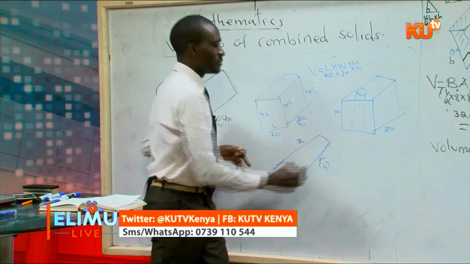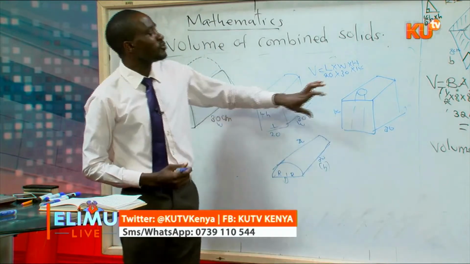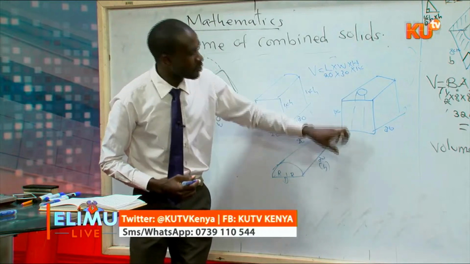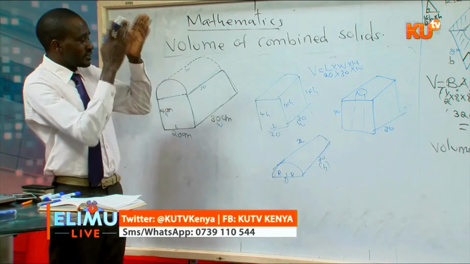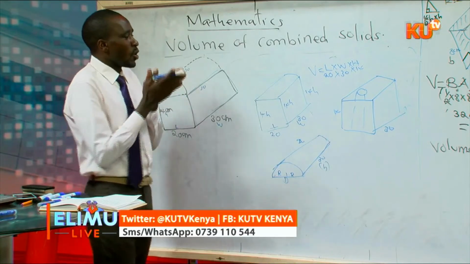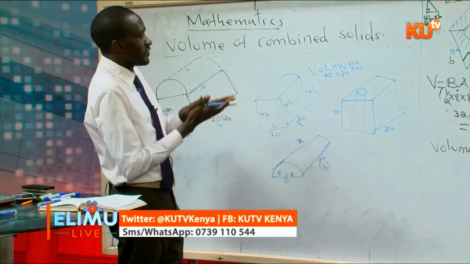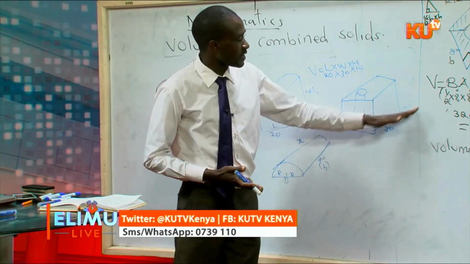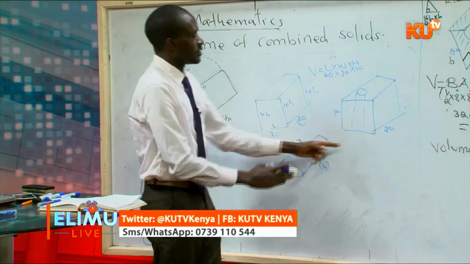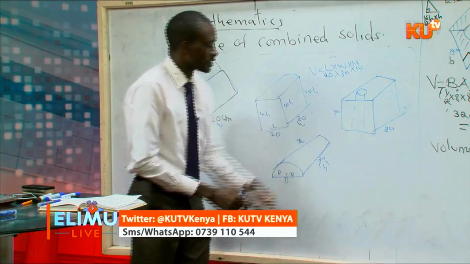That time its height will be 14. So you must check the figure removed or the figure added, how it is. It is standing upright or lying. If the figure is lying, the height will be this one. If the figure is standing, the height will be this one.